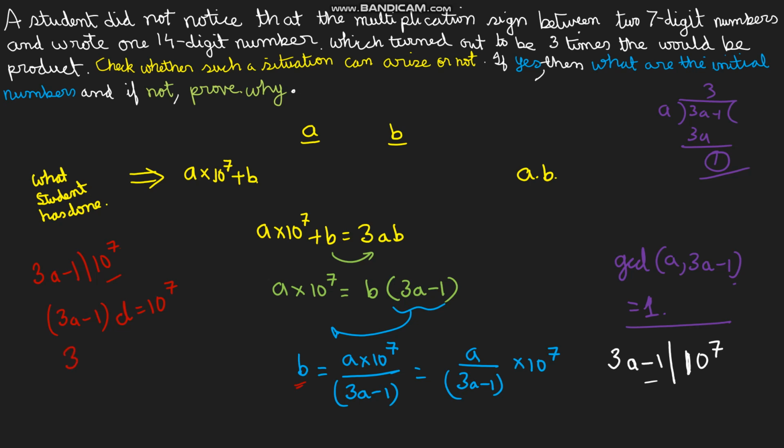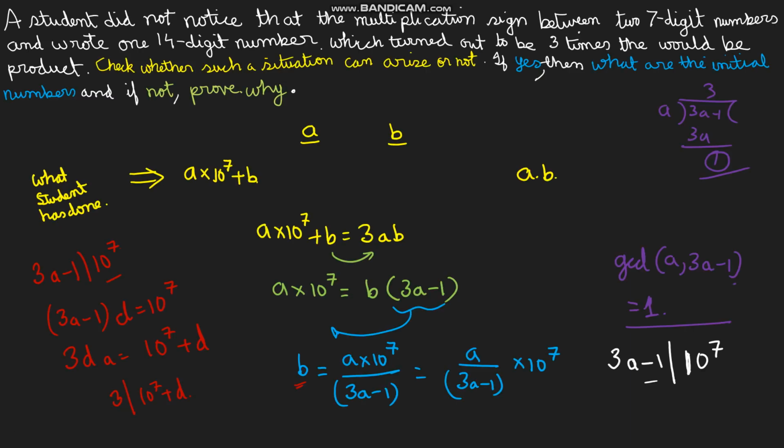So 3dA equals 10 to the power 7 plus d, which means 3 is a factor of 10 to the power 7 plus d. Okay? 3 is a factor of 10 to the power 7 plus d. Now, let's say d equals 2.